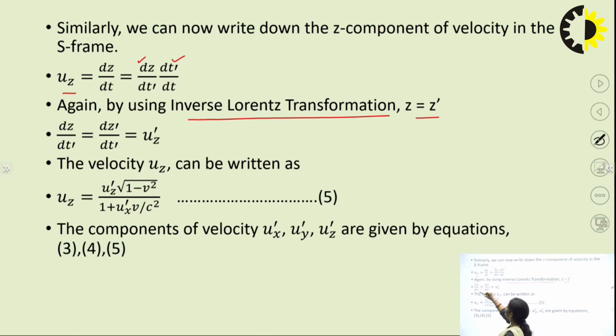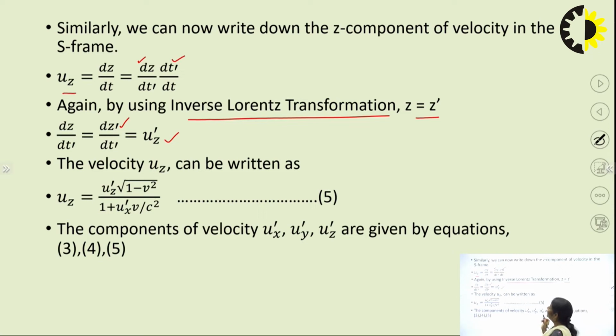So dz by dt dash we substitute and we get dz dash by dt dash, and we have this as uz dash. dz dash by dt dash is known as uz dash. It can be termed as uz dash.